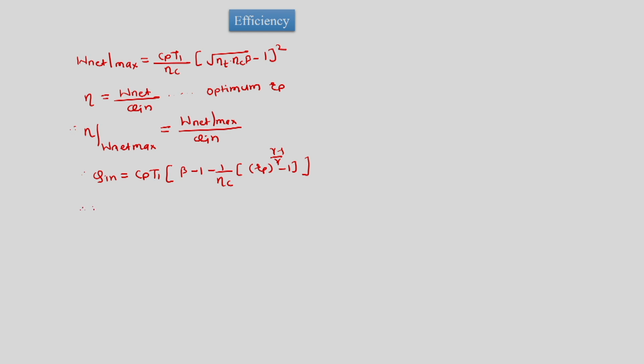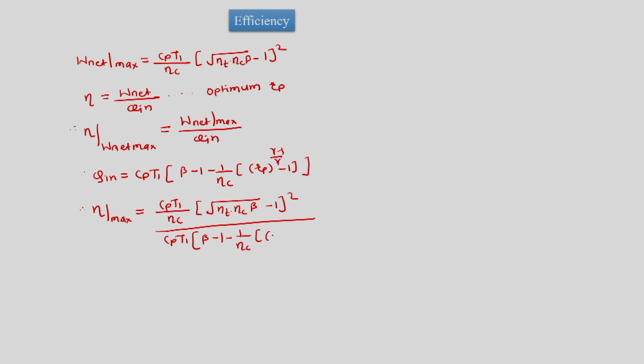So, if we write down eta for the maximum work condition, we can write Cpt1 upon eta C into square root of eta T eta C beta minus 1 bracket square divided by Cpt1 into beta minus 1 minus 1 upon eta C into Rp raised to gamma minus 1 upon gamma minus 1.